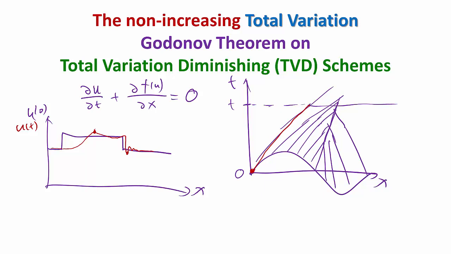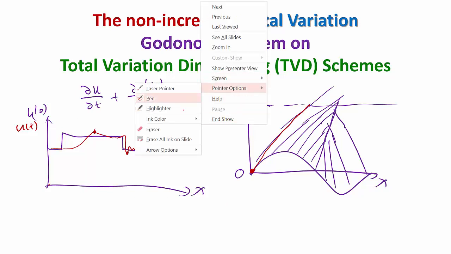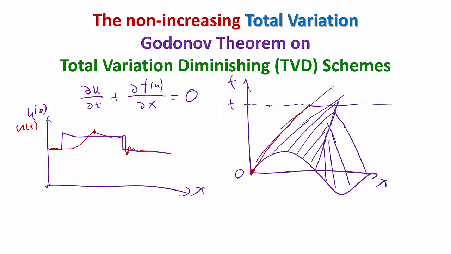And in general, this is linked to the non-increasing total variation in the solution. The total variation of a solution means if you accumulate the absolute value of the changes over the solution, if you walk across the solution. So for example, at t equal to 0, if you walk across the solution, you see a jump over here.